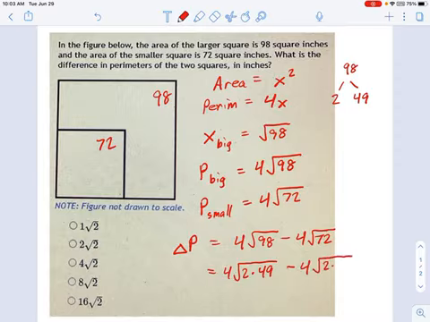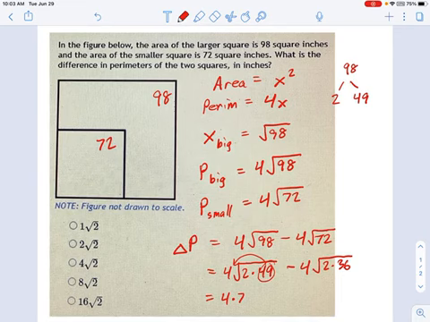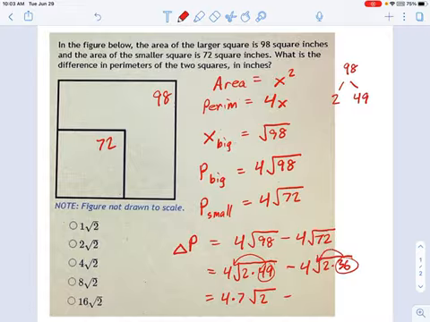That's just 2 times 36. So I can rewrite these things as 4 times 7. I'm going to pull out the 49 from the radical sign, and that's going to come out here. The square root of 49 is 7, so it's 4 times 7 times the square root of 2, minus, likewise, I'm going to pull out a 6 from the square root sign, and that's going to be 4 times 6 times square root of 2.